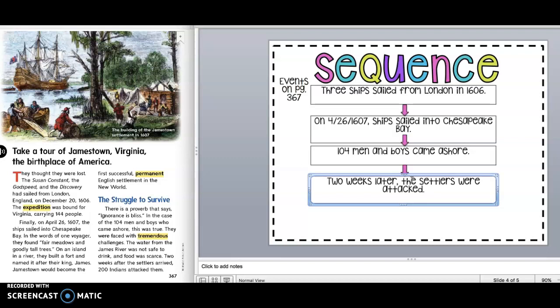And that's going to sum up all of our events that happened on page 367. Remember, we have listed them in the order in which they occurred. We took all of the events that were important in here, which had to do with the birthplace of America, and we listed them in the order that they happened.